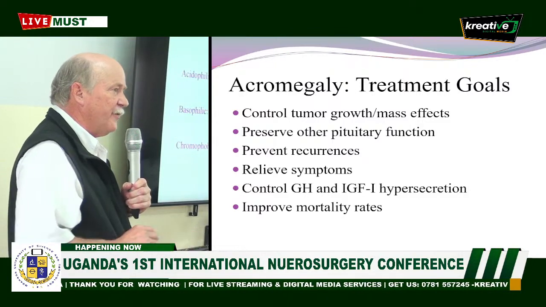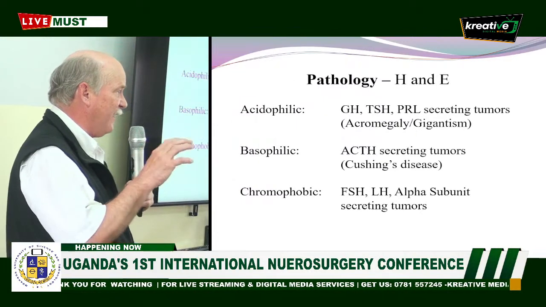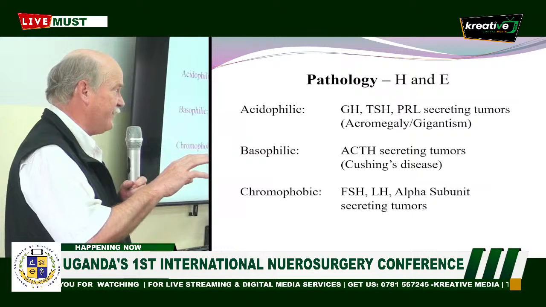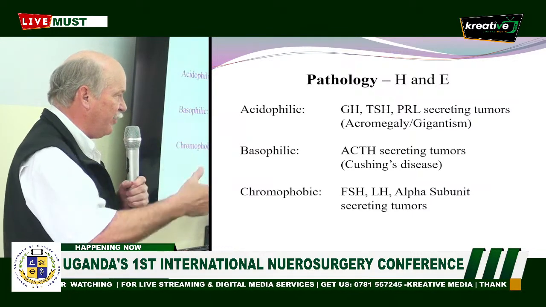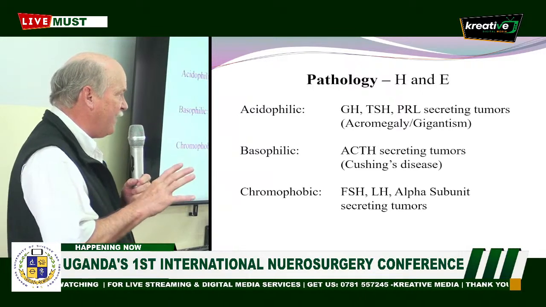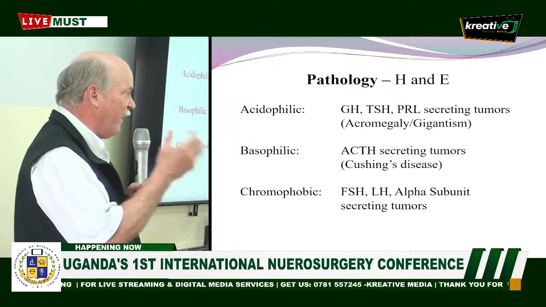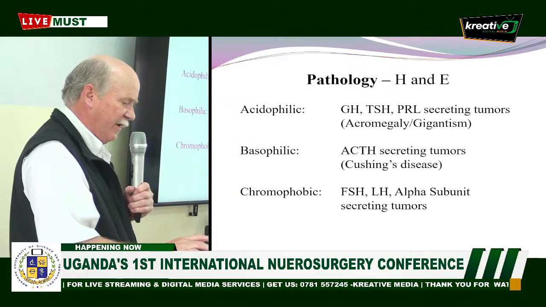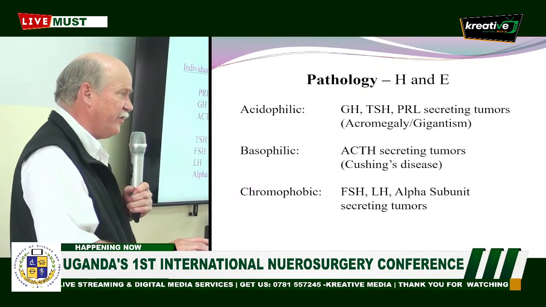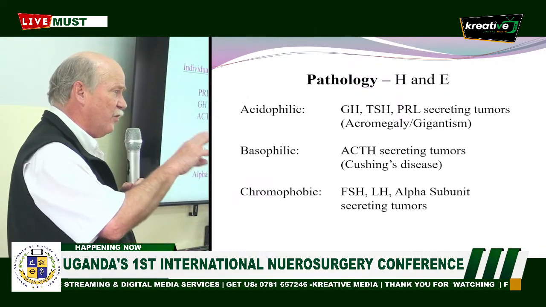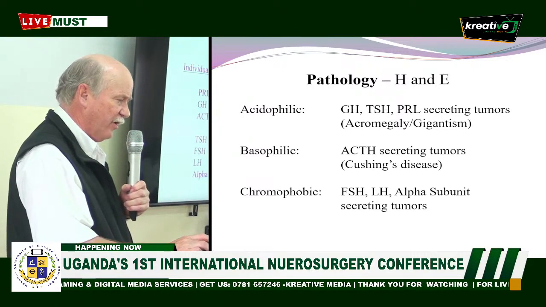So for the pathologist, when we first started evaluating pituitary adenomas, we had the hematoxylin and eosin, or H&E stains, and they're either red, acidophilic, blue, basophilic, or non-staining. Well, the growth hormone tumor was the classic acidophilic, red-staining tumor. So that was initially. Then we developed immunohistochemistry, where you could stain for the individual growth hormone on the tumor slide, so much more accurate.